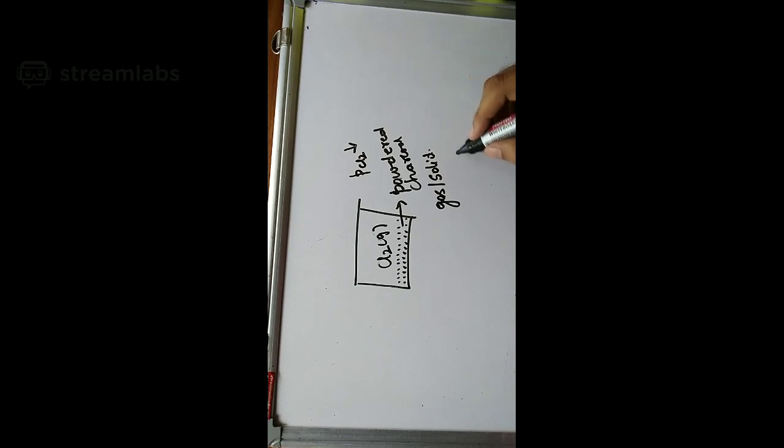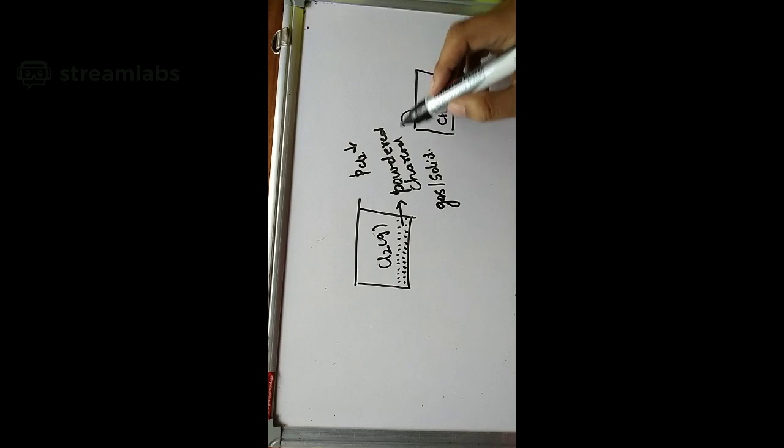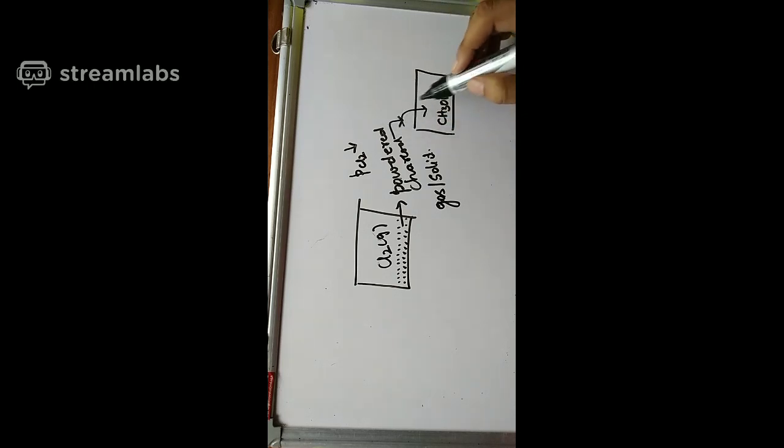Now if I also take the example of another container where I have taken acetic acid liquid, CH3COOH liquid. Now I am adding some amount of powdered charcoal. Concentration of acetic acid decreases.